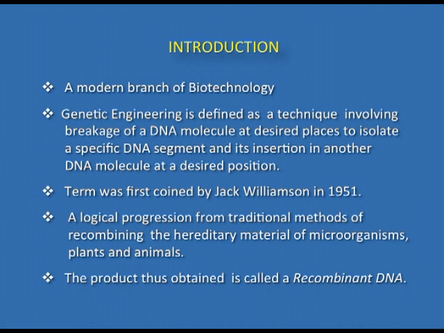Now it is a logical progression from the conservative method of hereditary, that is previously the breeders used to use the technique of artificial breeding to bring out the required traits in whether it may be plants or animals. Now this is completely highly advanced science. The product thus obtained by this is called a recombinant DNA.